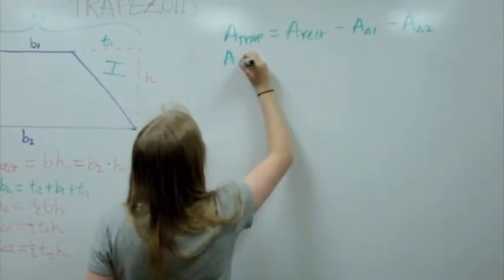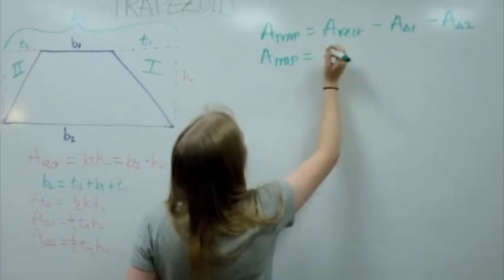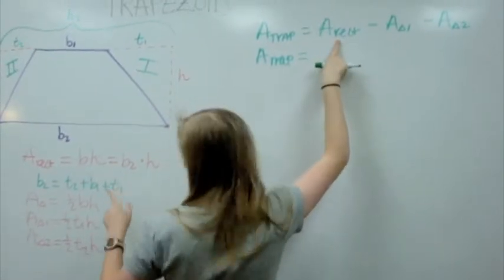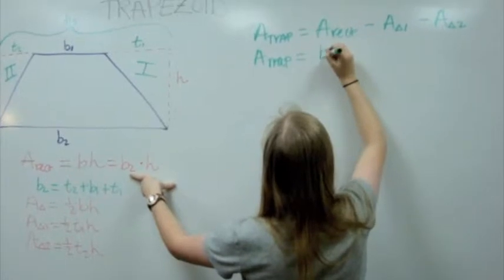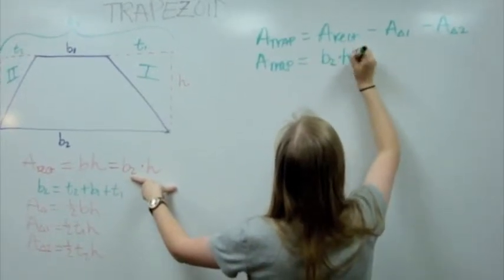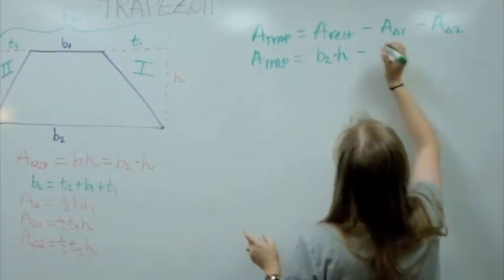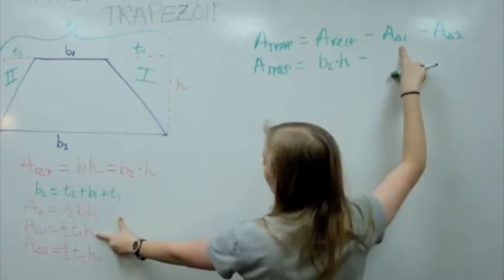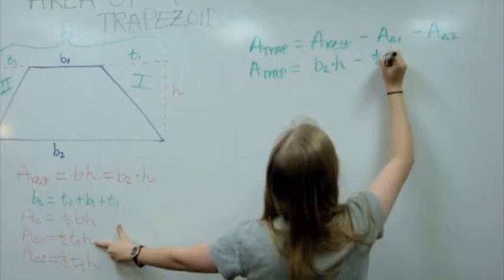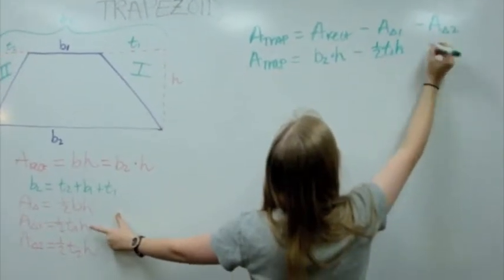So the area of the trapezoid equals, now the area of the rectangle we said was base 2 times height, so we're going to substitute that in. Base 2 times height. The area of triangle 1 is 1/2 T1 times the height.